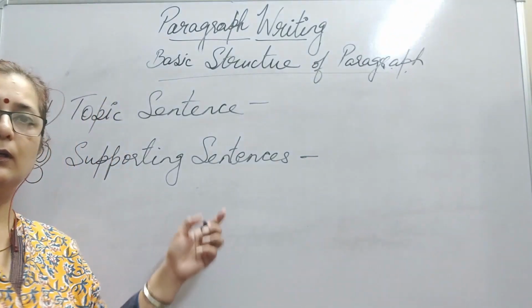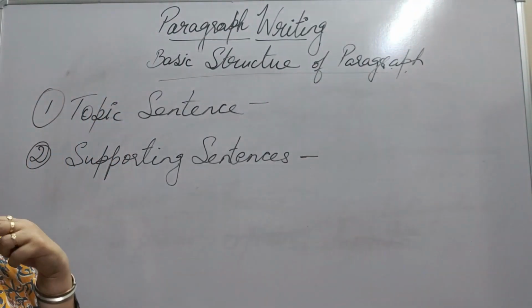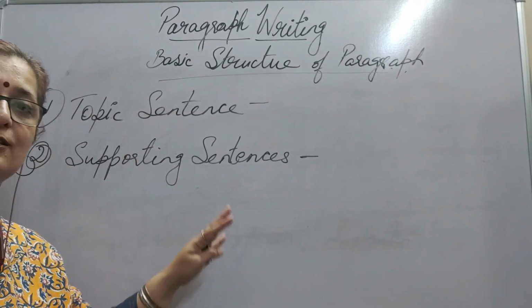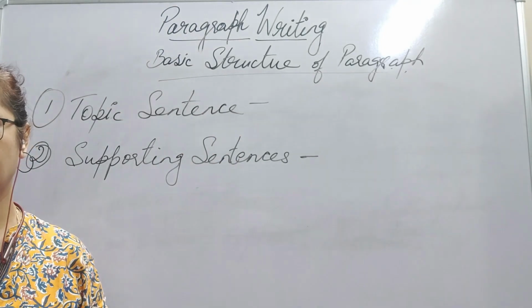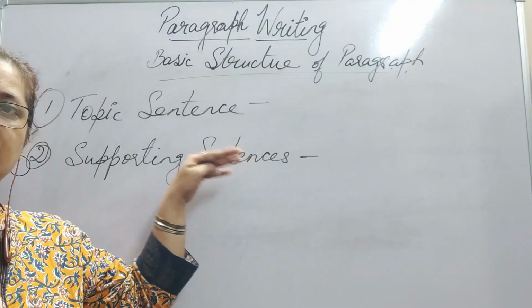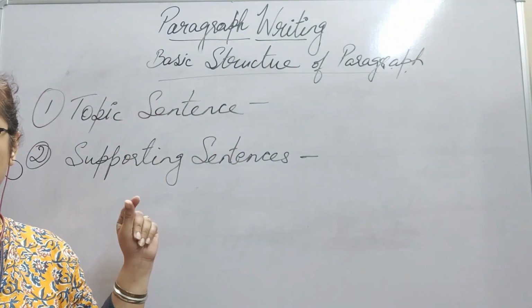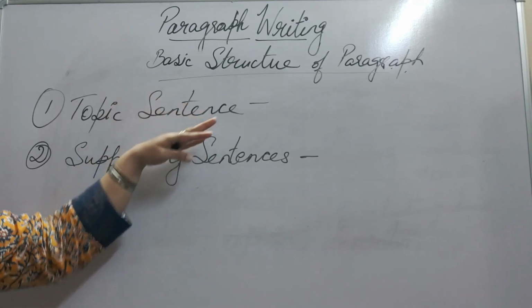Okay. Now, what kind of supporting sentences are they supposed to be? Well, they are supposed to be exactly related to the topic that we have picked up. It cannot be something irrelevant or outside the topic. Supporting sentences come immediately after the topic sentence.